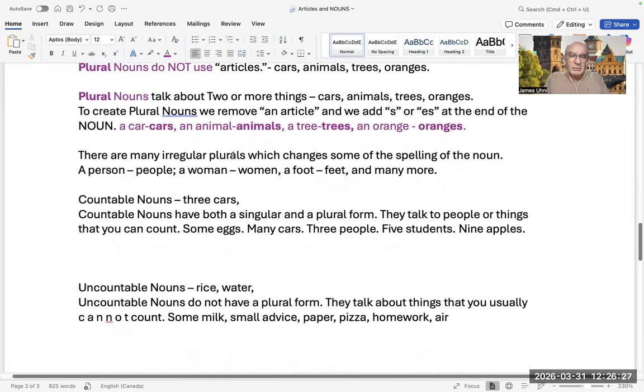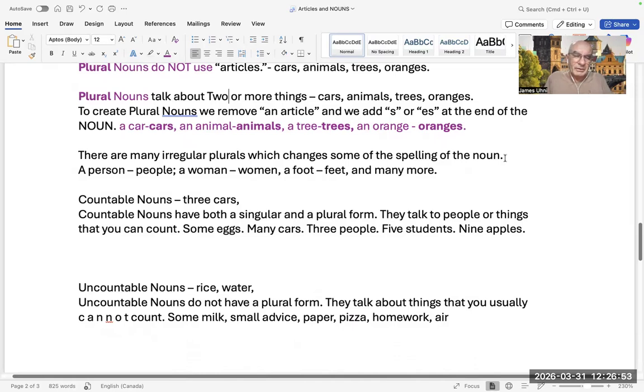There are many irregular plurals which change some of the spelling of the noun. And like I mentioned when I was explaining the alphabet, it is very important to understand vowels and consonants because it will affect your spelling.